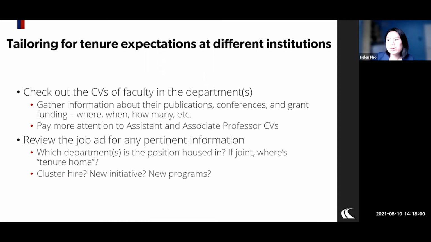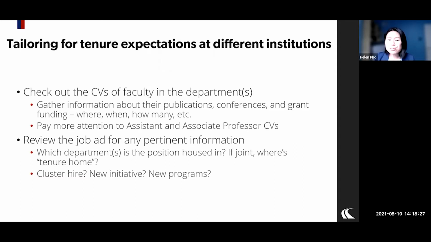I would say it's more important to pay attention to the assistant and associate professor CVs. The assistant professor CVs will give you a sense of what faculty are doing on their way to applying for tenure. The associate professor CVs will give you a sense of, here's what got people tenure. Here are their publications, here are their conferences. This is what got them tenure.